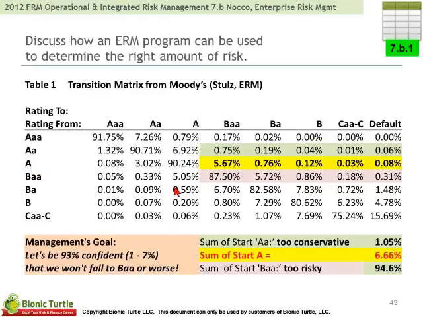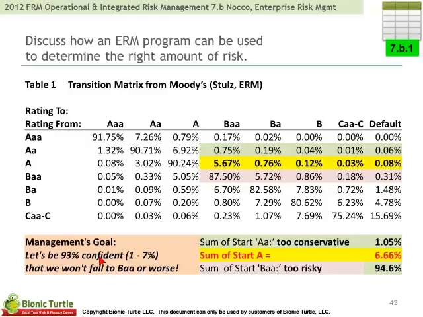And so you can see, for example, if the company targets a current rating of BAA, then the probability of ending the period at that rating or below would be captured here in this light pink row, the summation, which is 94.6%.